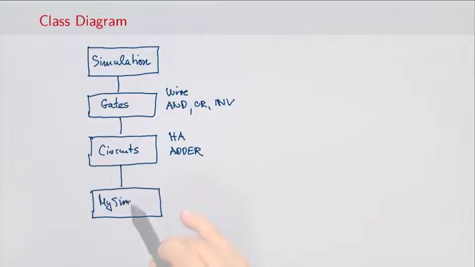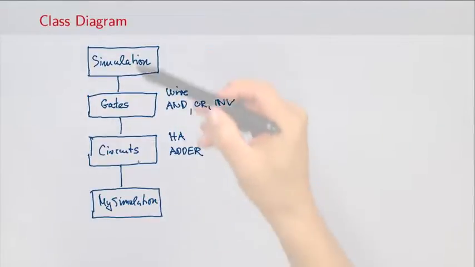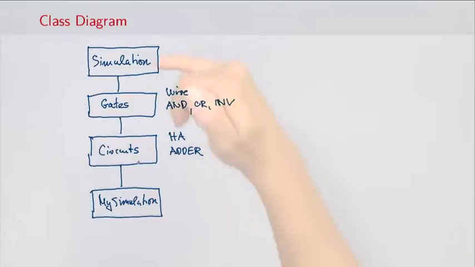So that would typically be an object that can obtain all the functionality in discrete event simulation, the gates and the circuits, by inheriting from these traits. So that's the structure of a typical application. We have already seen Simulation. Let's look at the interface of this gates layer next.